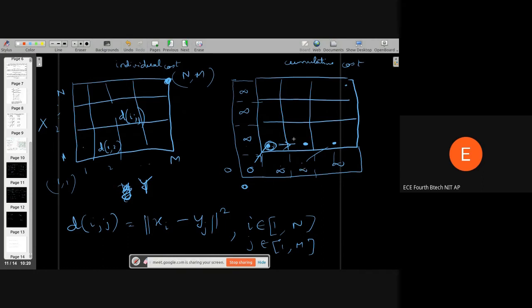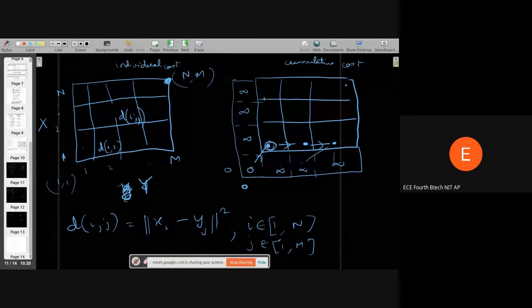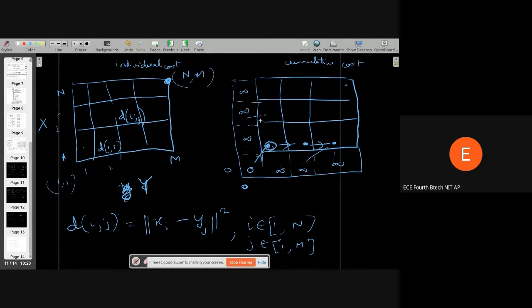So now again this will come. Similarly this will happen in this case. If you see here, you cannot come from all this. Only way is this. And how will you get to here? Well, this is the cumulative distance that is there. From this minimum cumulative distance, this is the only best choice you have.